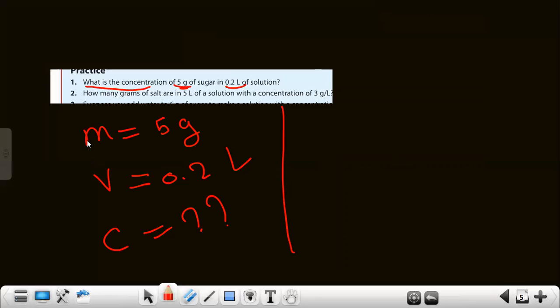We have C, M, and V. If I write C equals what? We multiply or divide? Can you remember? We just said right now. It means you didn't answer.